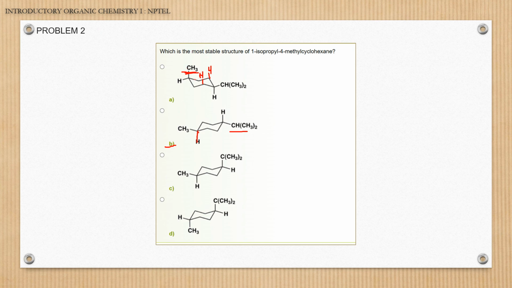That is why this methyl is placed equatorial rather than axial. It is similar with this group: if it is at the axial position, it also faces 1,3-diaxial interaction. So to get rid of the 1,3-diaxial interaction, these substituents prefer the equatorial position rather than the axial position. Okay.